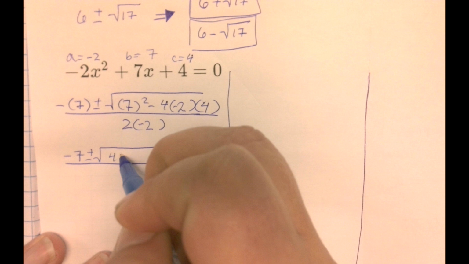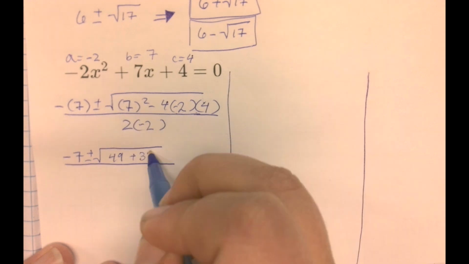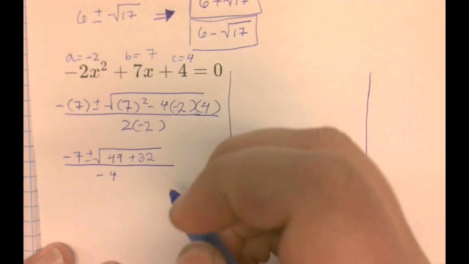Riley, can you tell me what 4 times 2 is? What's 8 times 4? Okay, so this is going to be plus 32. Anybody who has a calculator or wants to just add that up, tell me what those add up to. It is 81.